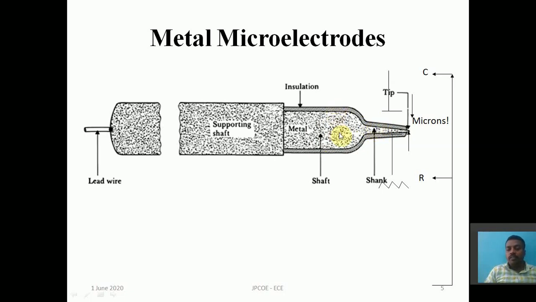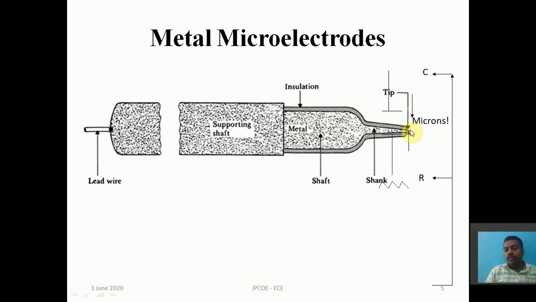Here it looks like a cylindrical shape. The cylinder extends into a very narrow portion, called the shank. Then this is the open end of the microelectrode. Here we have conducting material at the tip of the microelectrode. The cross lines indicate insulation. Insulation is present over all the area, but not on the tip.